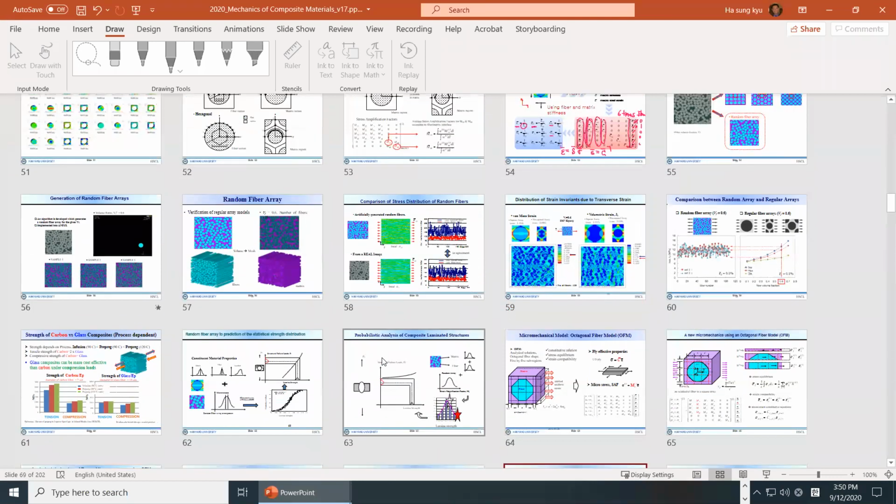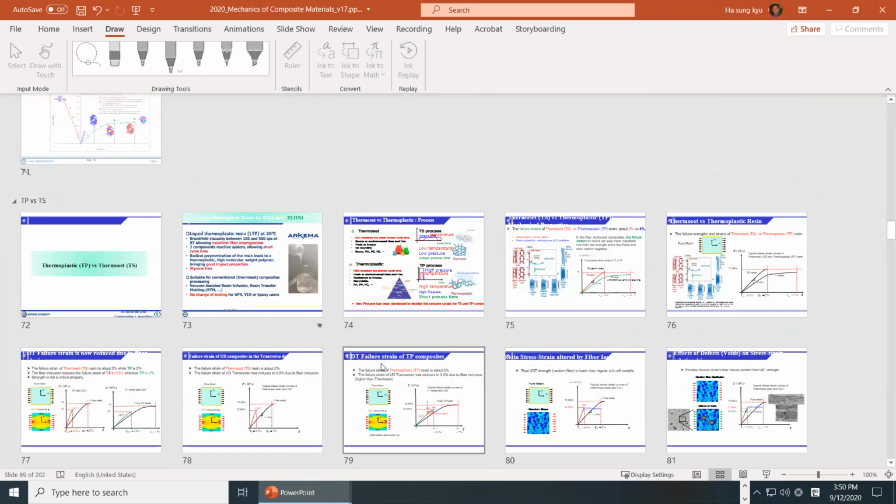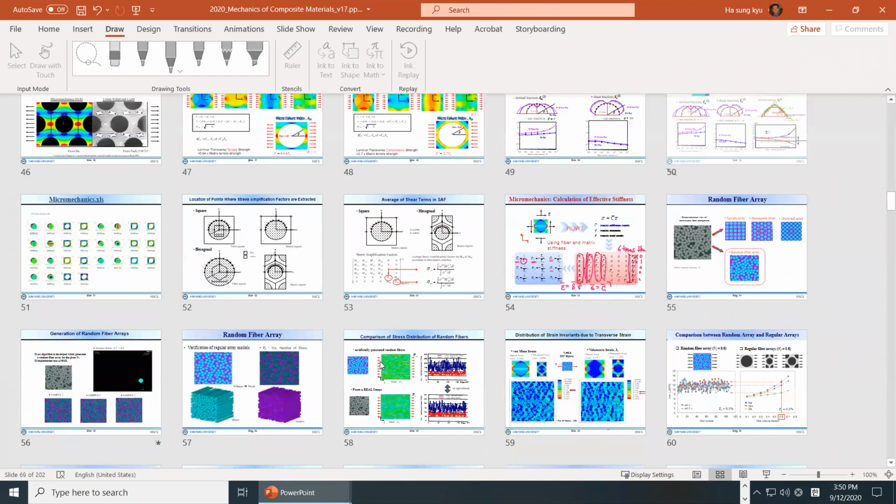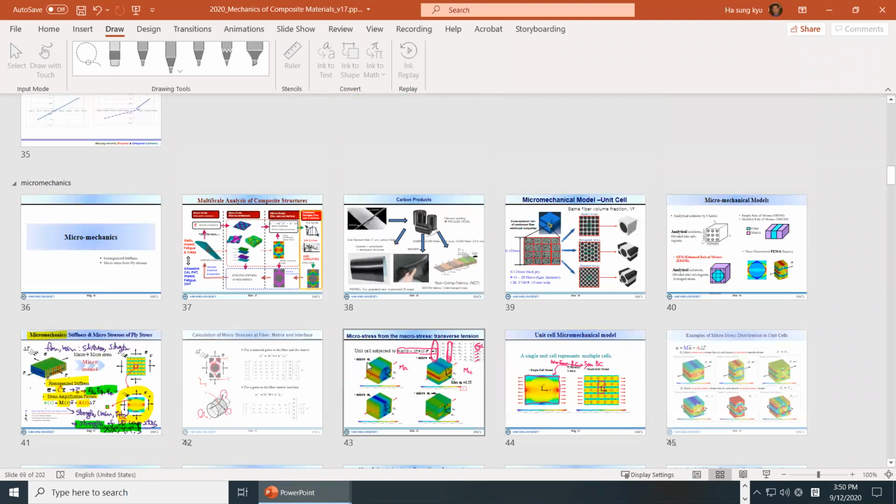There is a method called micromechanics, and we will go through all the equations, and we will come back to these micromechanics. I want you to read them again.